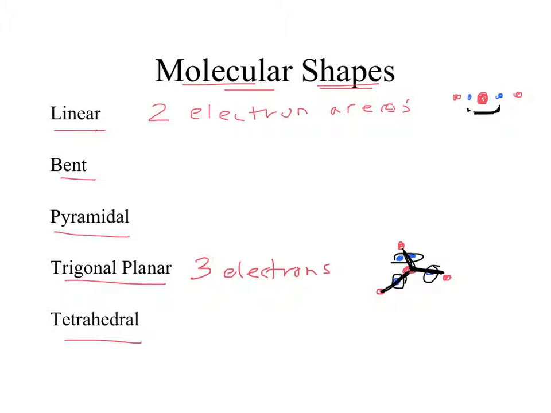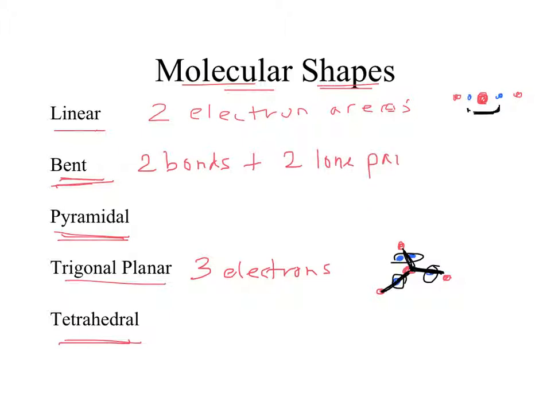Everything else, the bent and the pyramid and the tetrahedral shapes, are all based on 4 electron areas. And the bent shape has 2 bonds plus 2 lone pairs.